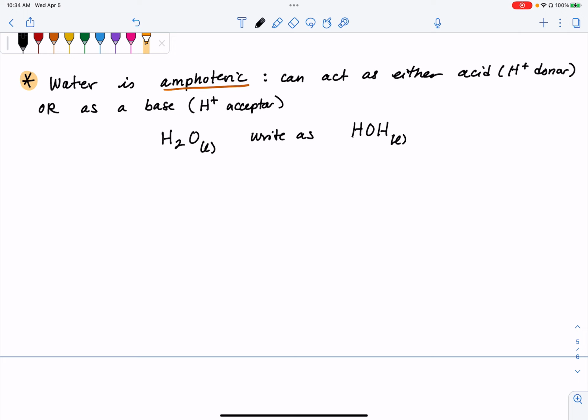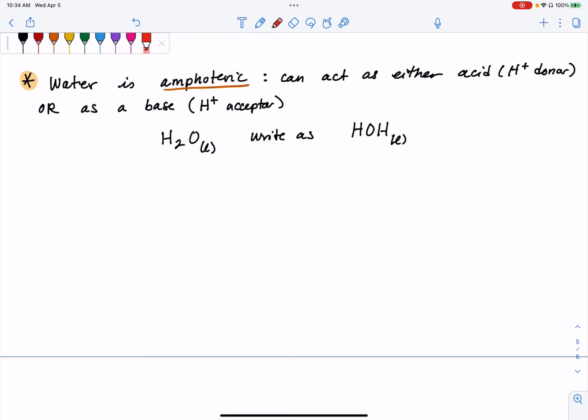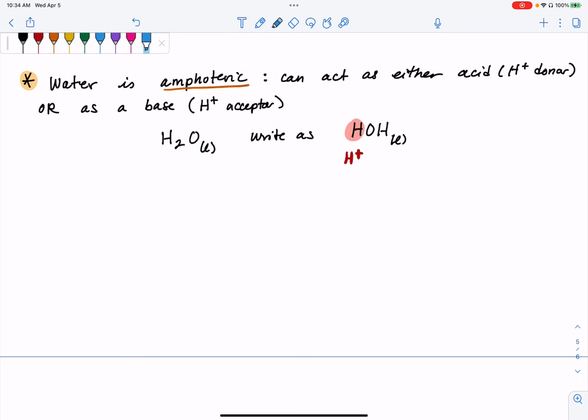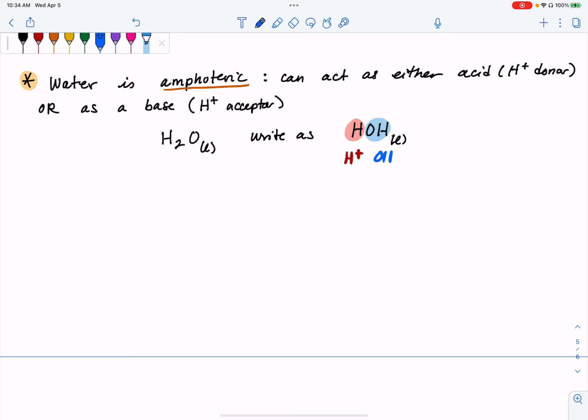And the reason I do that is because I really want it to be obvious for us in our double displacement, where we have the acidic H plus coming together with the basic hydroxide to form our neutral liquid water, where this is our acidic proton and this hydroxide is our basic hydroxide.